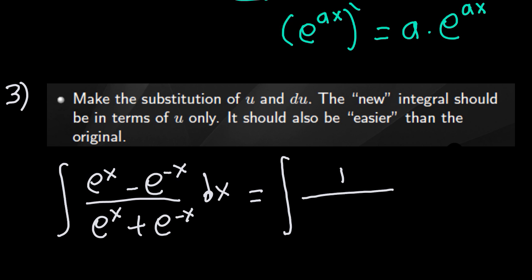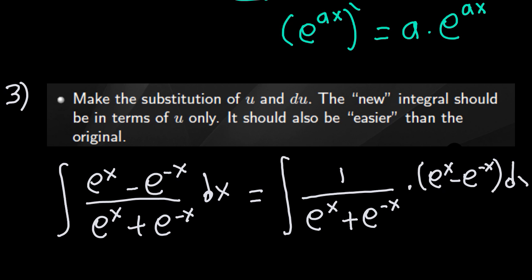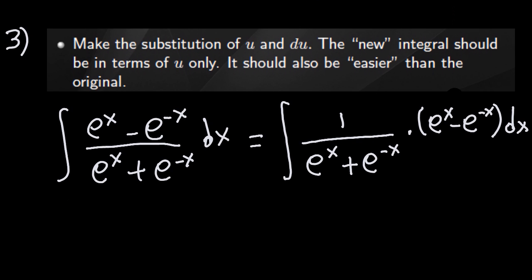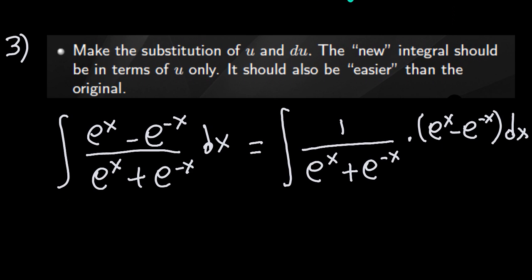I'm going to say 1 over e to the x plus e to the negative x, just splitting up that fraction, times the top, which is e to the x minus e to the negative x, and that's the dx. The reason I wrote it like that is because it's going to be easier for you to see what the substitution will be. Now, this expression here is exactly the same as this expression over here.